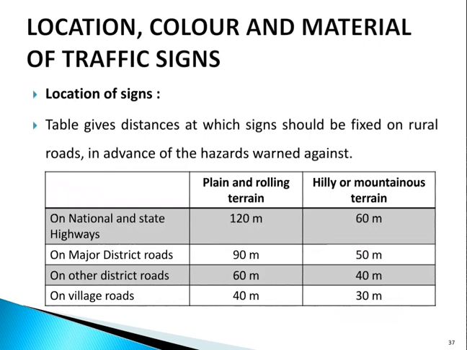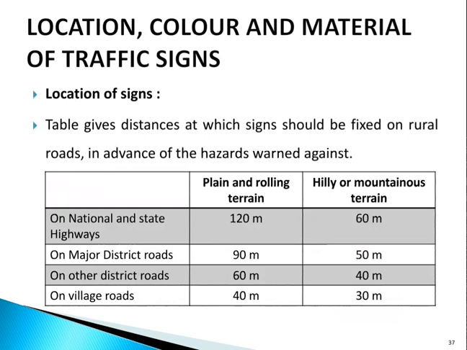The table gives distances at which signs should be fixed on rural roads in advance of hazards warned against. Here you can see the table which indicates the plain and rolling terrain and hilly or mountainous terrain distances.